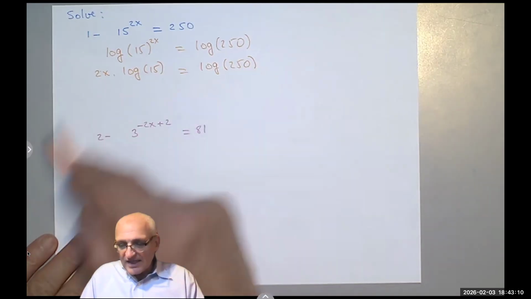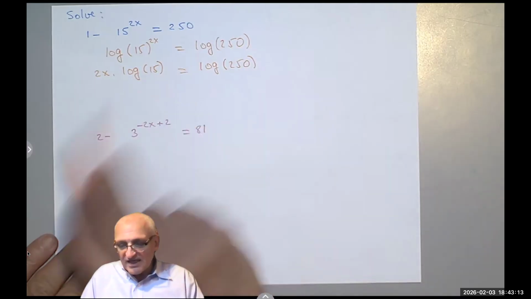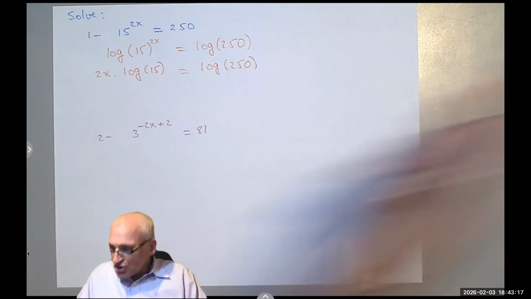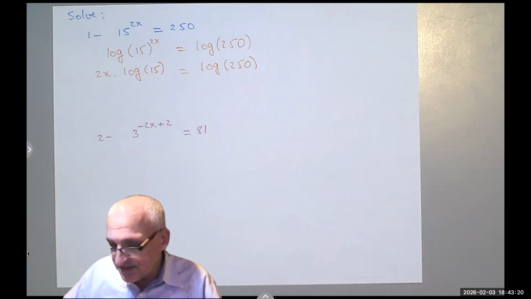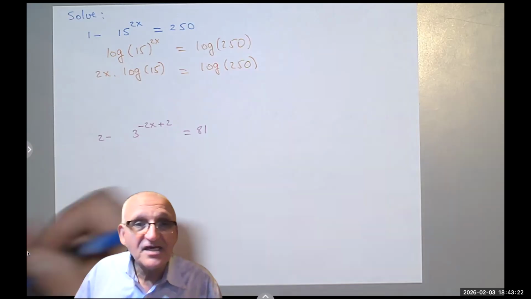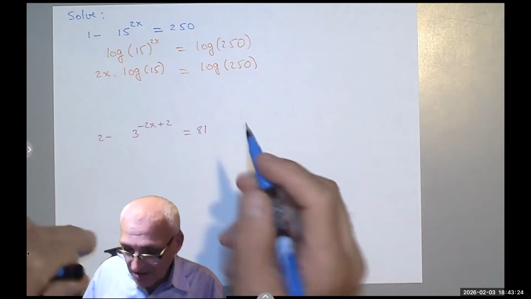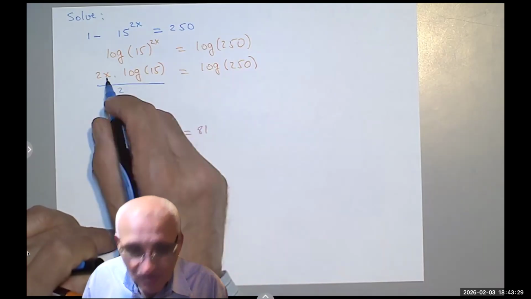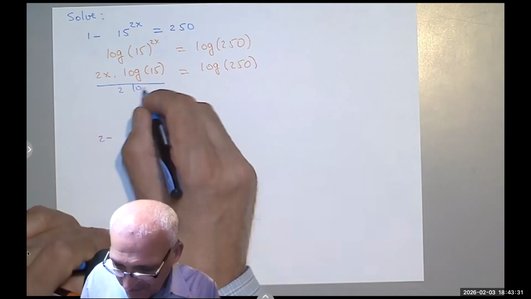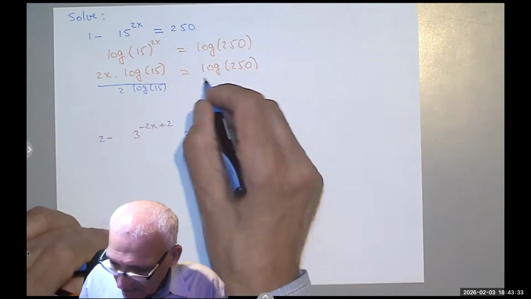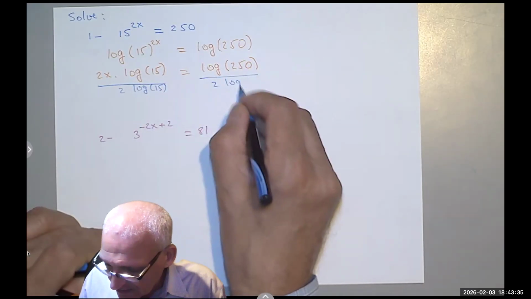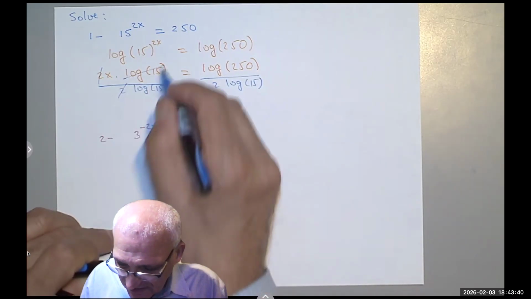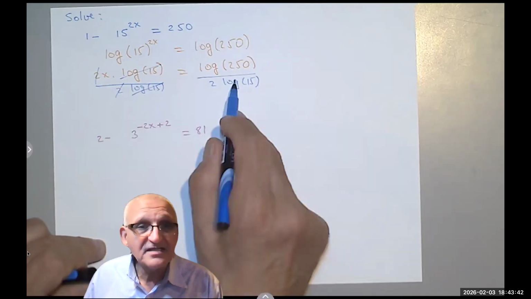So the 2 and the 2 cancel, the log 15 and log 15 cancel, and you get x equals 1. It's so easy, but unfortunately, it's not. So now I treat it as an algebraic equation. I have to divide both sides by 2 log 15 because I need to solve for x. Now the 2 and the 2 cancel, the log 15 and the log 15 cancel, and here's the answer for x.